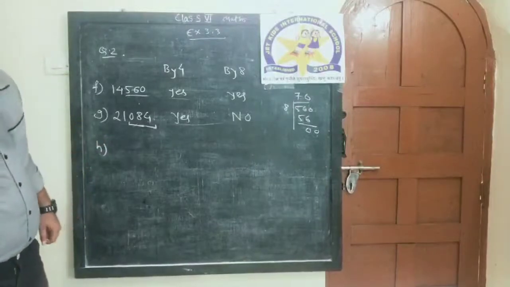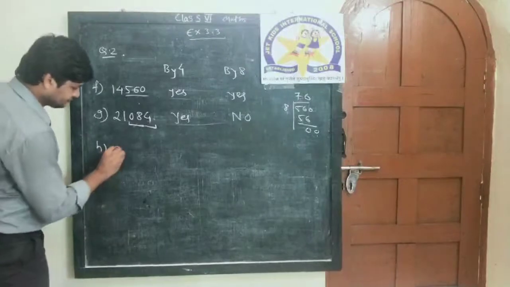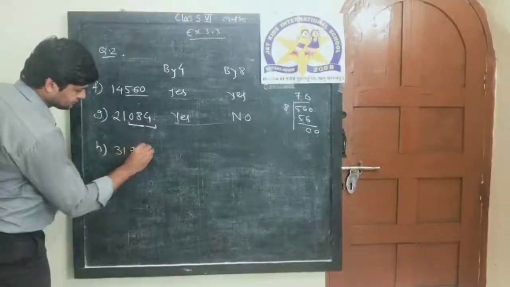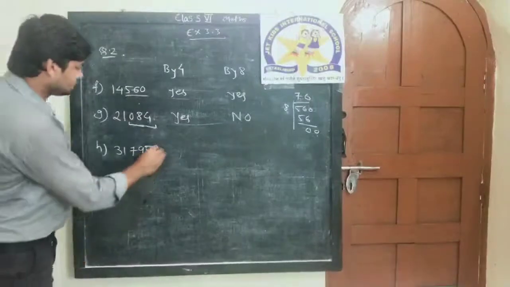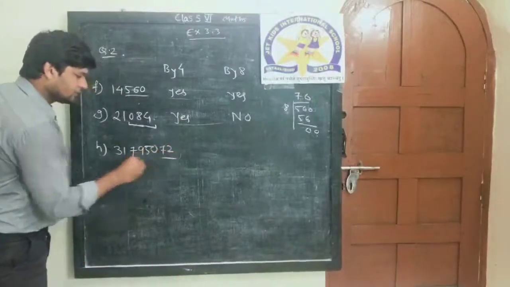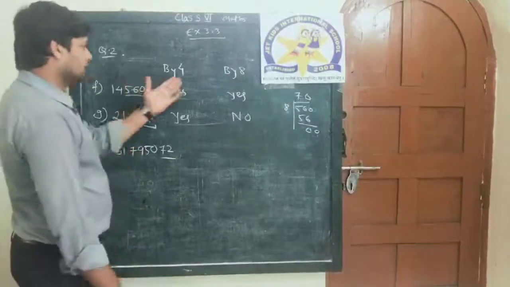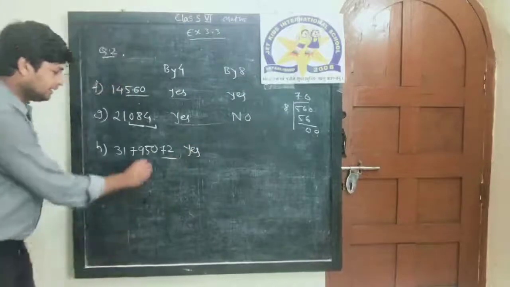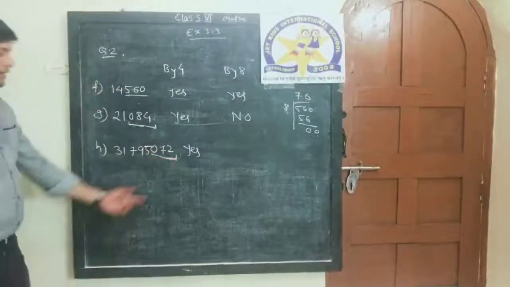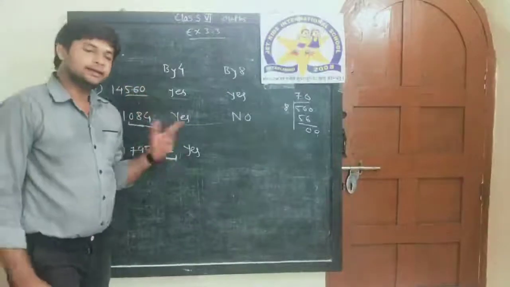H is 317950 72. Okay, first 2 digits 72. Yes, 72 is divisible by 4. Why? 18 4s are 72. And here also we have 72. Is it divisible by 8? 72 is divisible by 8? Yes, 8 9s are 72.